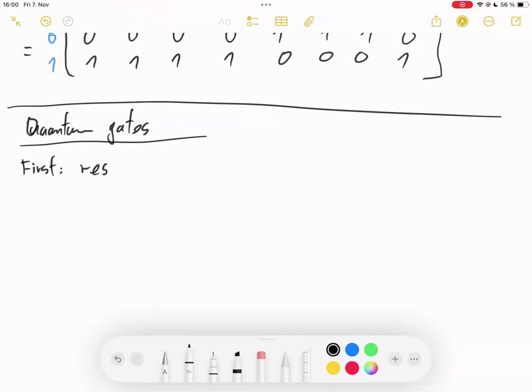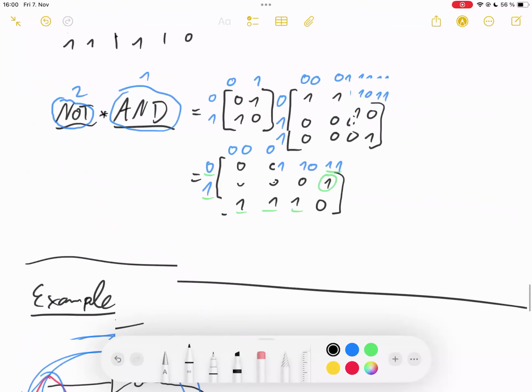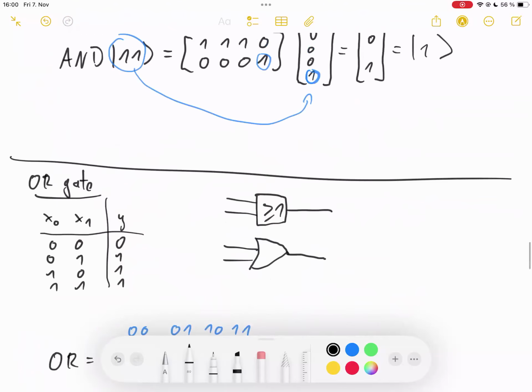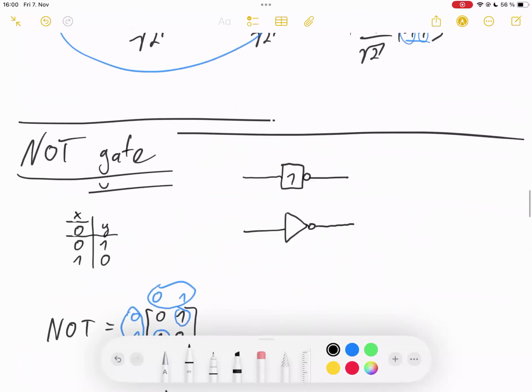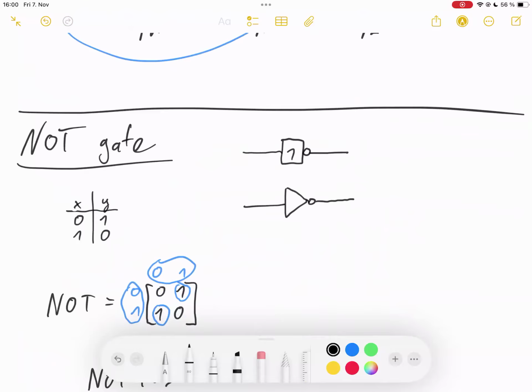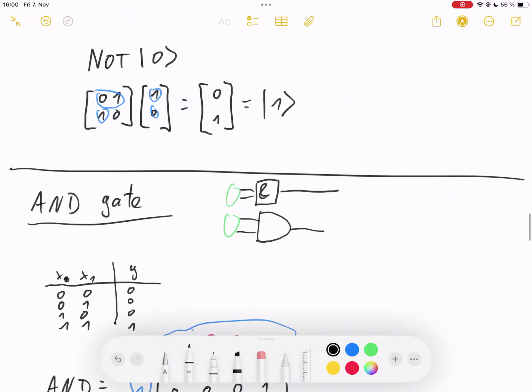We want to look into reversible gates. Reversible gates are operations that I can undo. And from the gates we saw so far, the NOT gate can be undone because I just run yet another NOT gate and then it's undone.